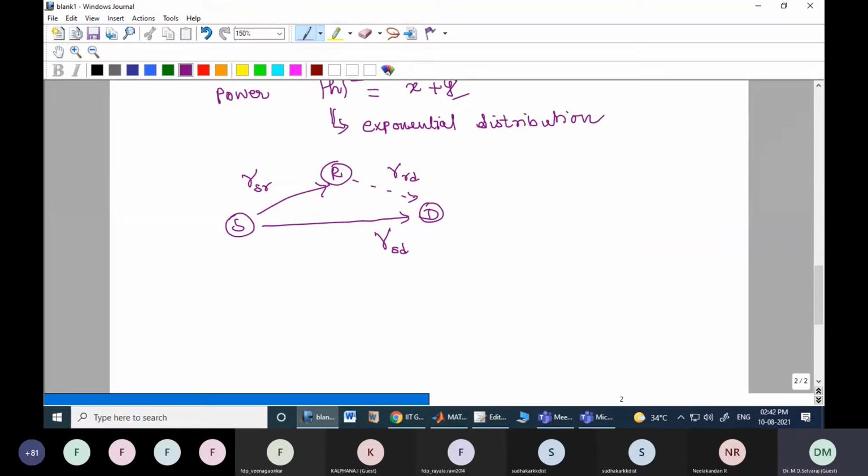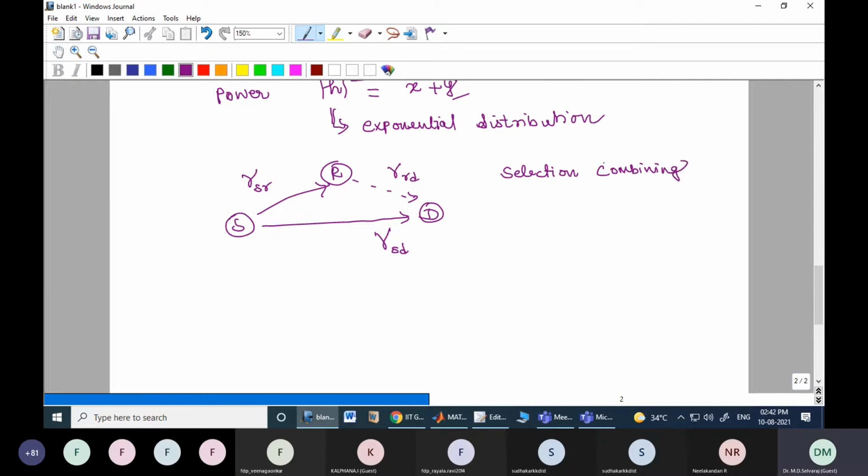Now I apply a conventional diversity combining technique. There are three techniques available: maximum ratio combining, equal gain combining, and selection combining. Let us choose selection combining for simplicity. The advantage of selection combining is a very simple receiver structure.